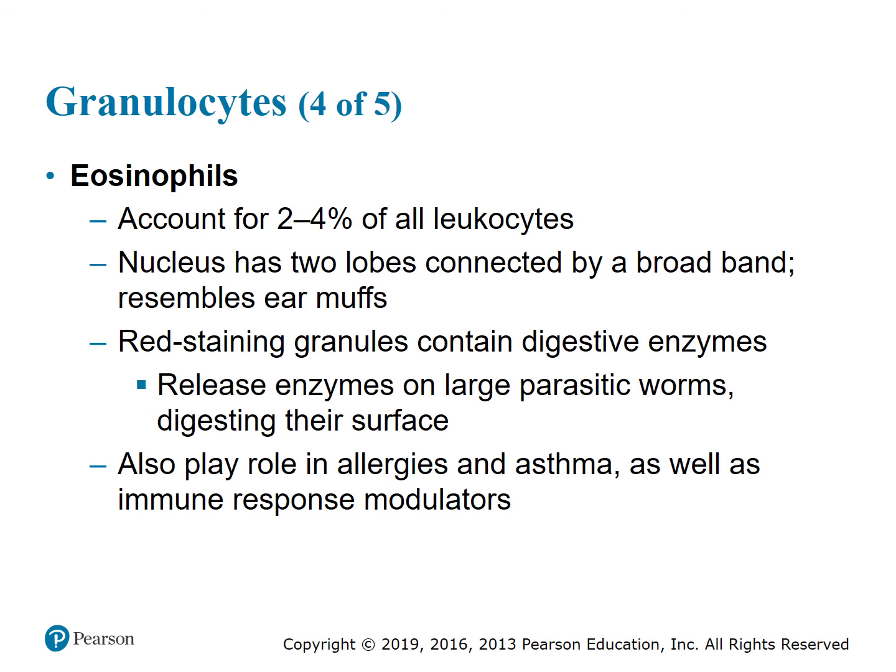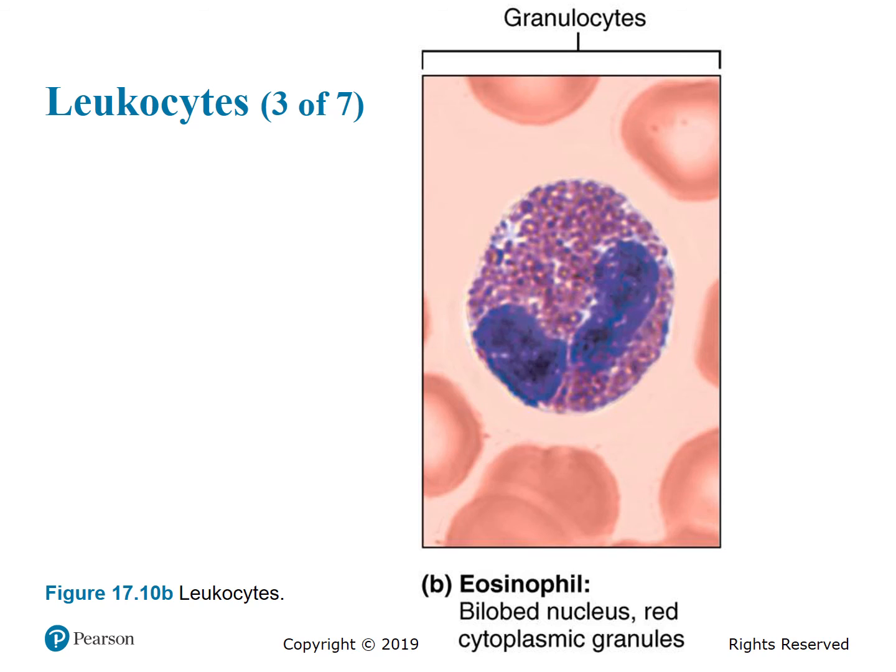So if someone has a parasitic infection, then their eosinophil numbers would increase. And this is what they look like: the bilobed nucleus and red cytoplasmic granules.